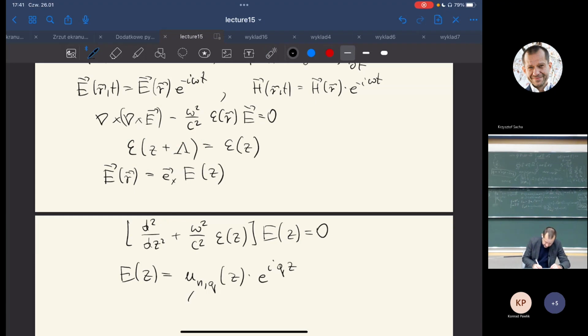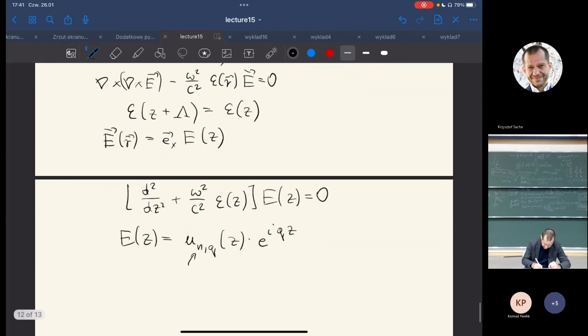What we have here, this is a band index, but you will see that this is a frequency band index. This is an index of the energy bands, basically.